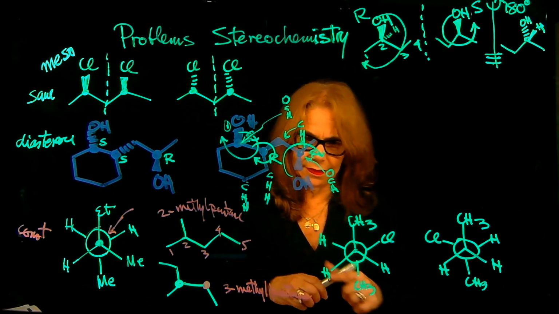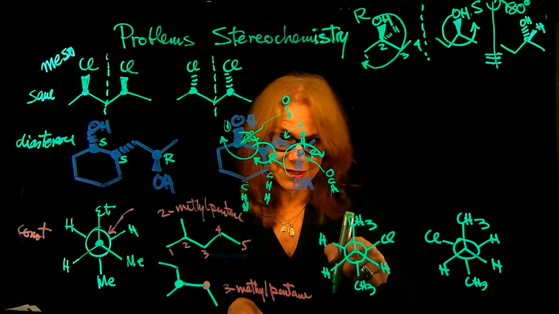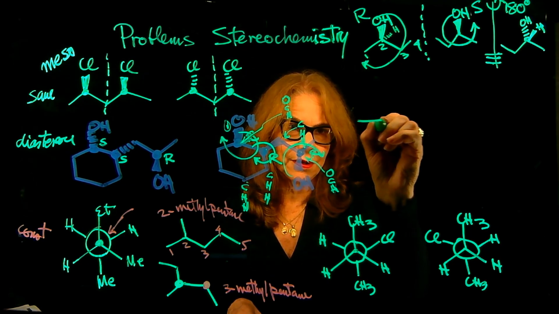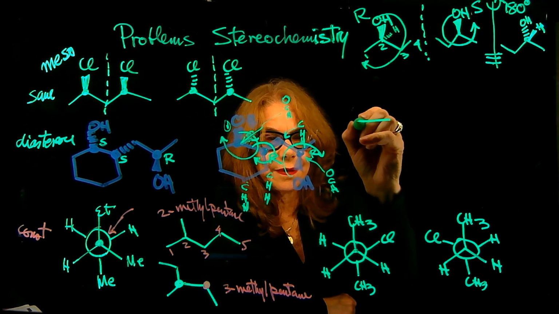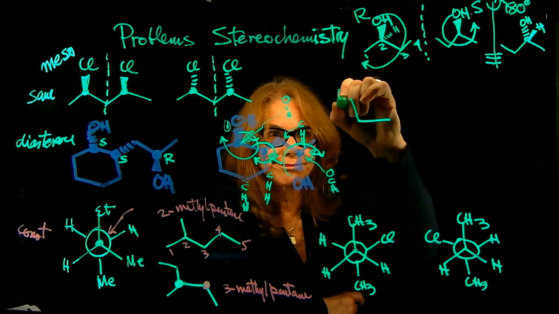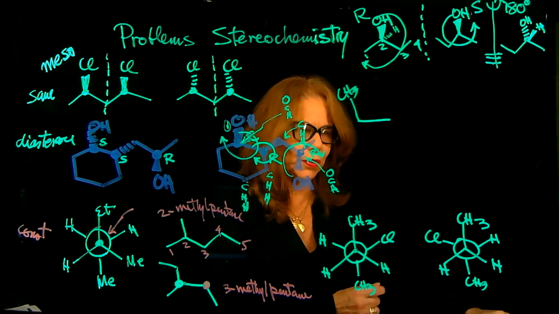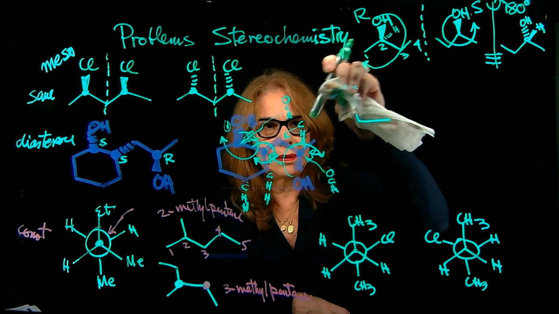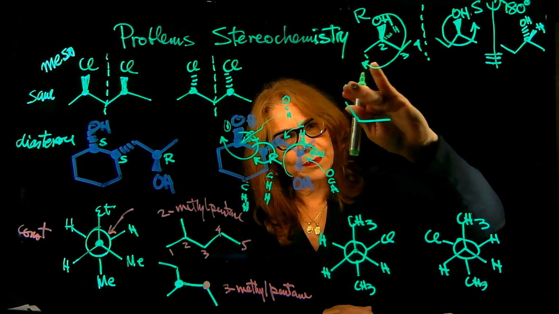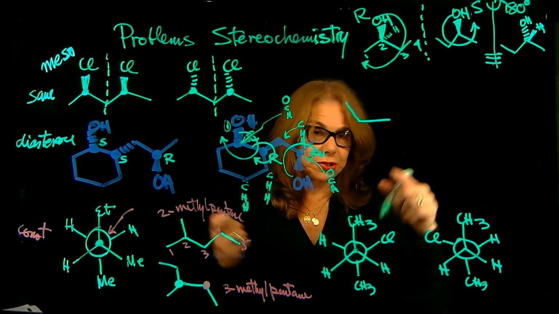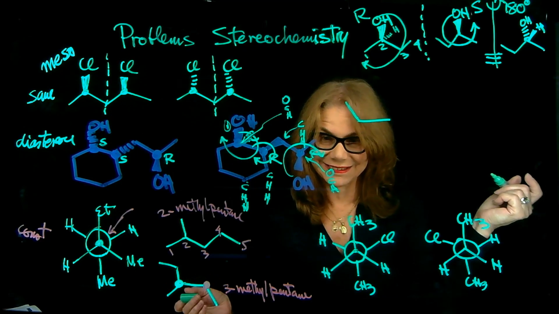So let's do one line that is this carbon in the front and the other carbon in the back. That's that line. The carbon in the front has a methyl going up. Well, I'm not going to even draw the methyl, just going to draw a line. That's a methyl. And I have H, H, so I don't need to draw anything else for that carbon.